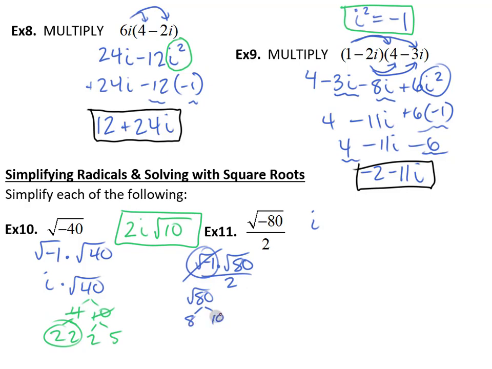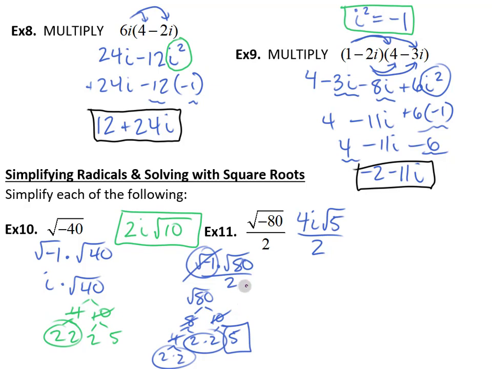So I might need a big factor tree here. 8 times 10, 2 times 5. That's 4 times 2, and our 4 becomes a pair of 2's. So anytime I find a pair, I can bring that outside of my radical. So a 2 from this pair and a 2 from this pair gives me 2 times 2, or 4, on the outside. And the only thing left over without a pair is a 5.